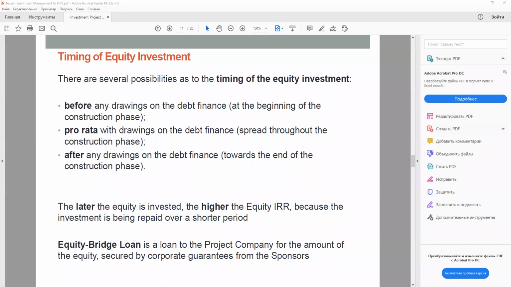This means that the later the equity is invested, the higher the equity IRR, because the investment is being repaid over a short period, which makes investment at the end of the construction phase the most attractive in IRR terms. The only disadvantage of not contributing the equity before that is that project costs are increased because of the need to fund more interest during construction.